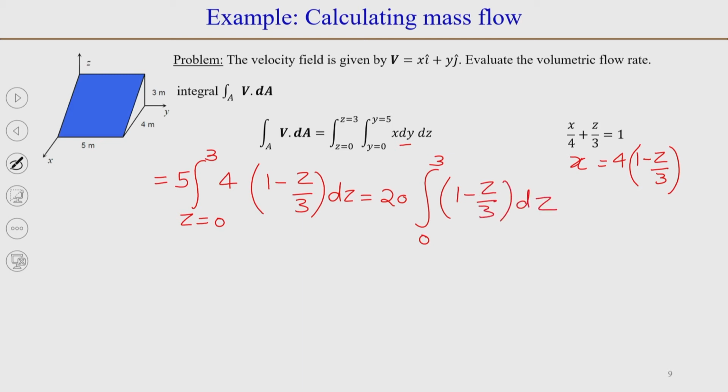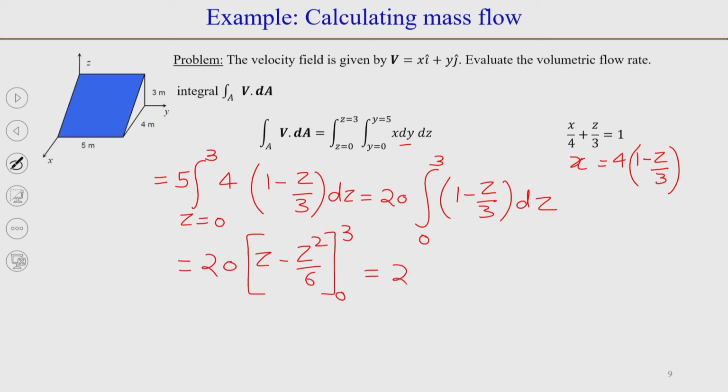Okay. Let us integrate it. So, that will be equal to 20 within bracket. When you integrate 1, you will get z minus, when you integrate z, z square by 2 and 1 by 3. So, z squared by 6, with the limits from 0 to 3.